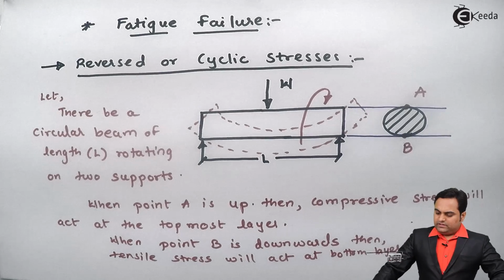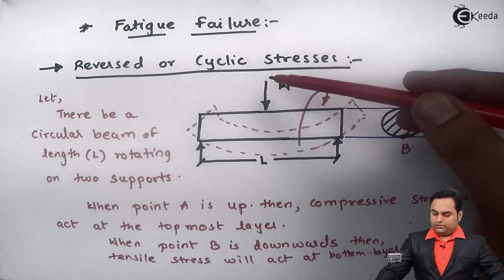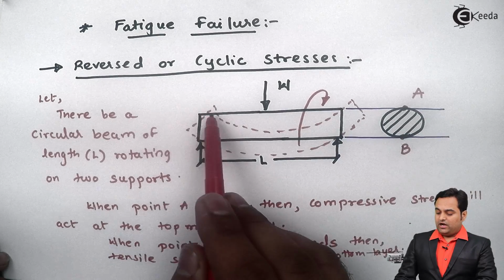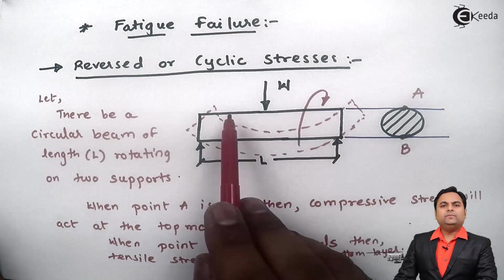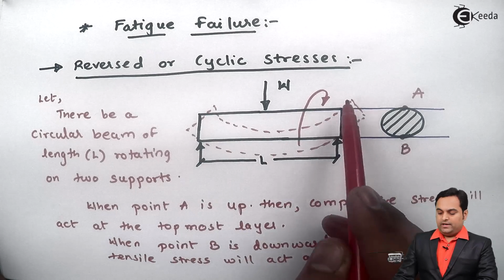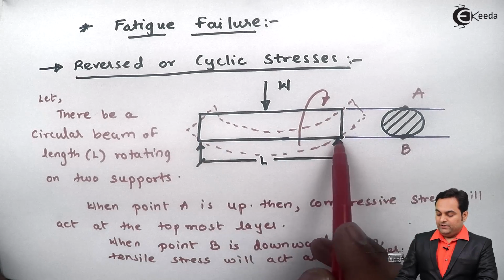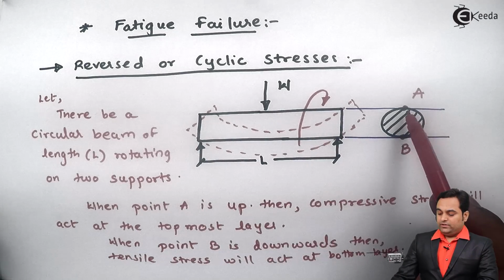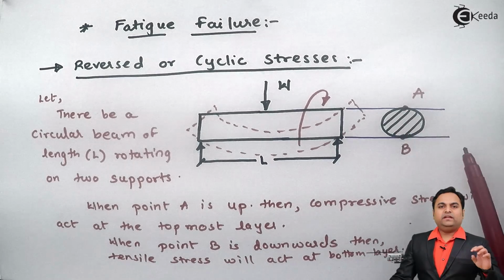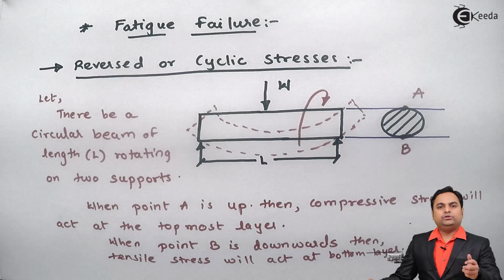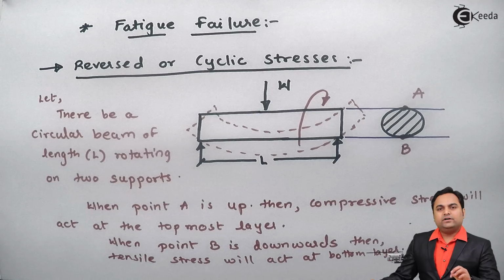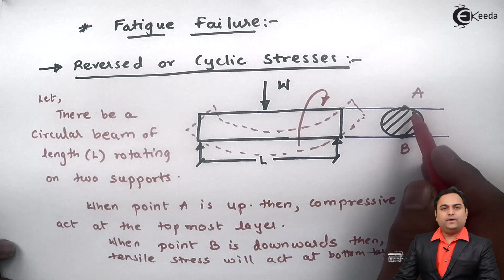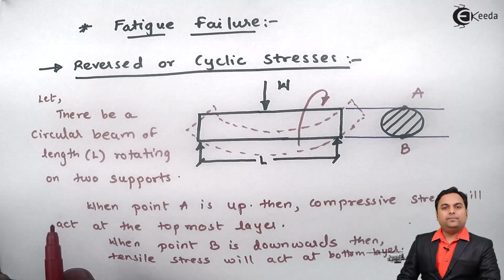So it is clear that when the load is acting and point A is up, A, which is the topmost layer, will be subjected to compressive stress, and the bottommost layer, layer B, will be subjected to tensile stress. That is when point A is up. Now take an example that this shaft is rotating. In the next turn, what happens? Instead of A, point B goes up. That is, B becomes the upper layer.